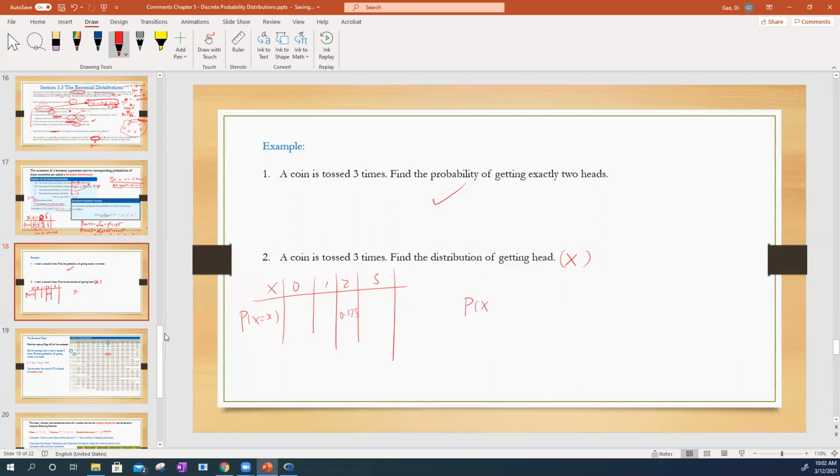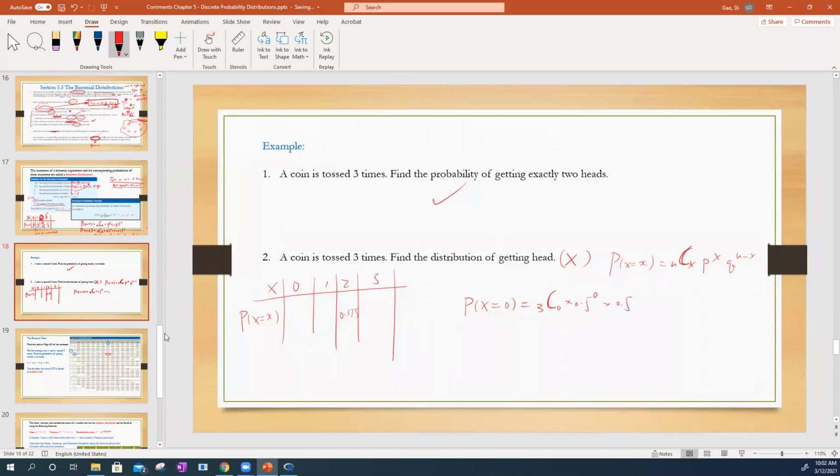Equals 0. That is going to be, so the formula is what? n choose x, p to the power of x, q to the power of n minus x. So that's what? 3 choose 0 times 0.5 to the power of 0 times 1 minus 0.5, right?